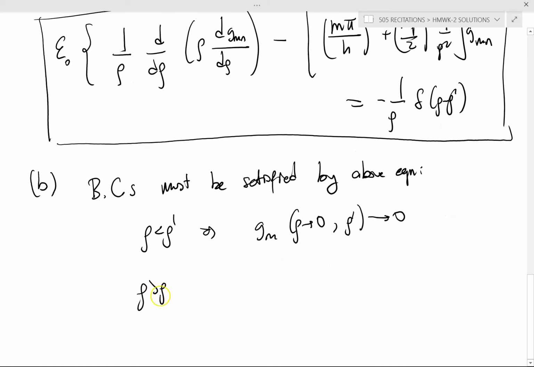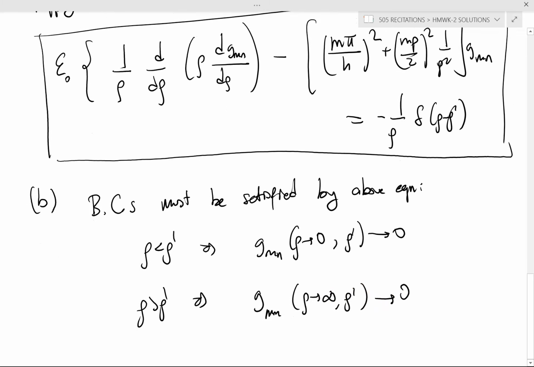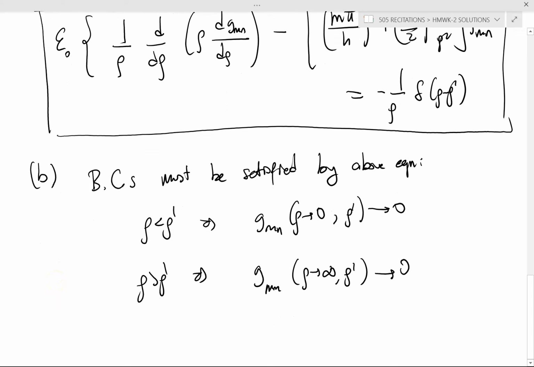Rho greater than rho prime, g mn, as rho goes to infinity, must go to 0. That was the other boundary condition that we need to satisfy.